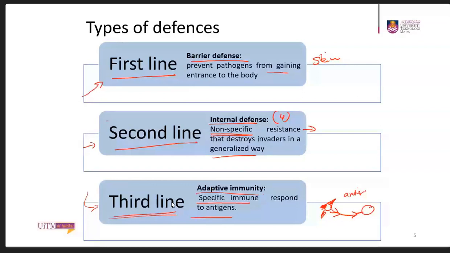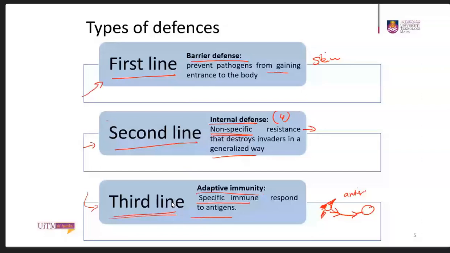Okay, so this is the lymphocyte. The lymphocyte that has receptors specifically binding to the specific antigen on the pathogen will trigger the activation of this lymphocyte to multiply, to form clones and activate either the humoral immune response or the cell-mediated immune response, involving B cells and also the T cell.